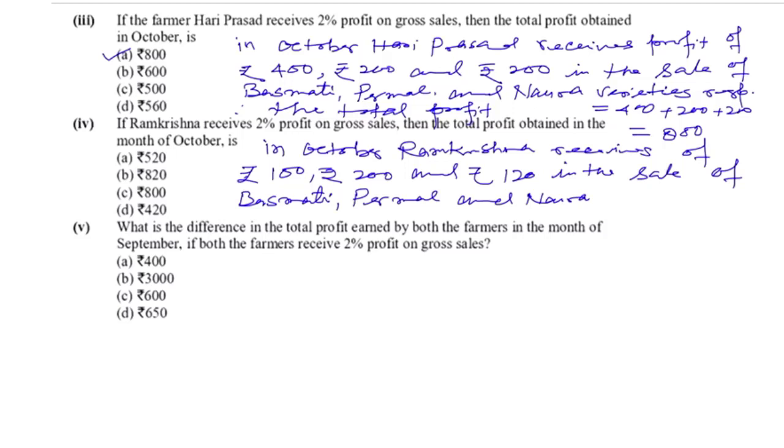So the total profit in the month of October is 100 plus 200 plus 120, so it is equal to 420. So the correct option is D.